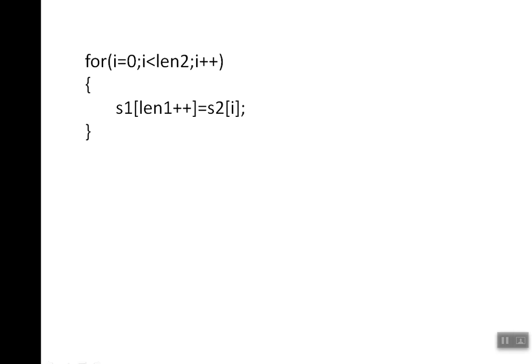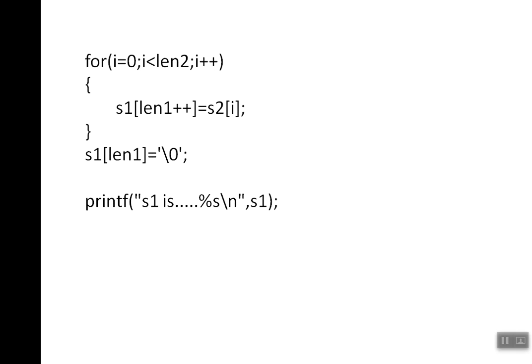Then we are increasing the size by 1, we keep increasing. And in S2 we have from 0 to len2 minus 1, we are going to append it. As we are doing it character by character, finally end the S1 string with backslash 0. So if you print S1, it will print the concatenated string. S2 will print the actual content.